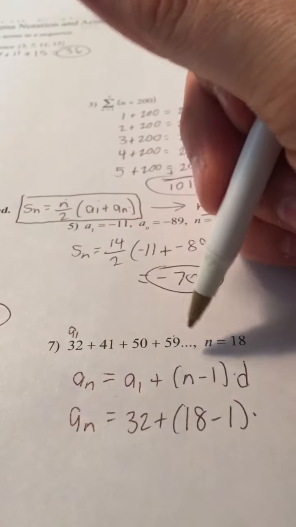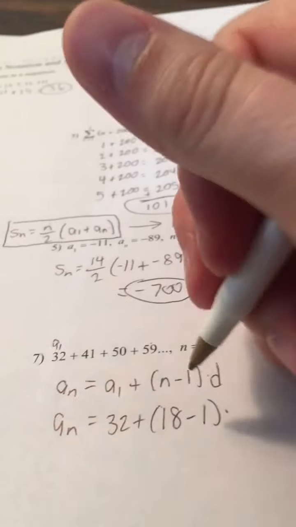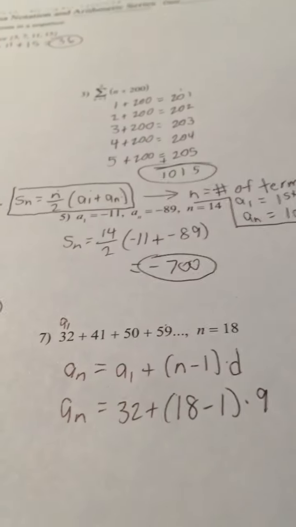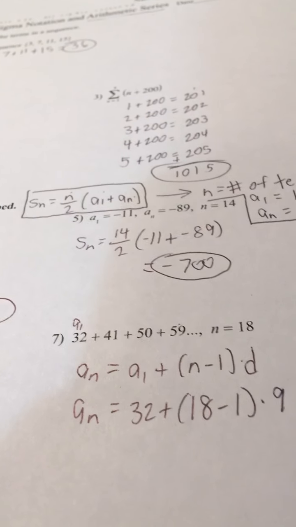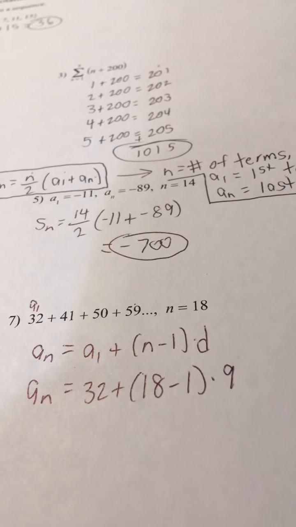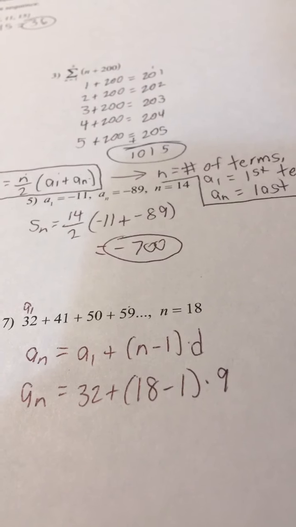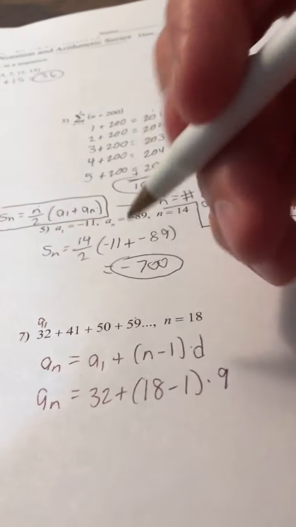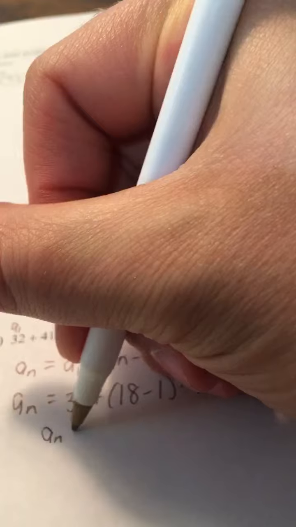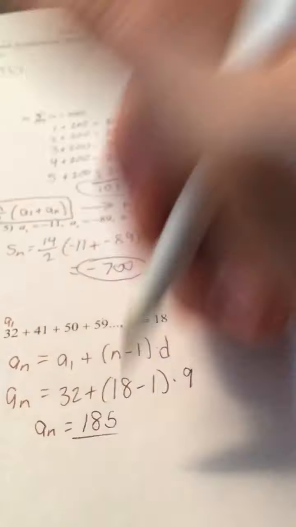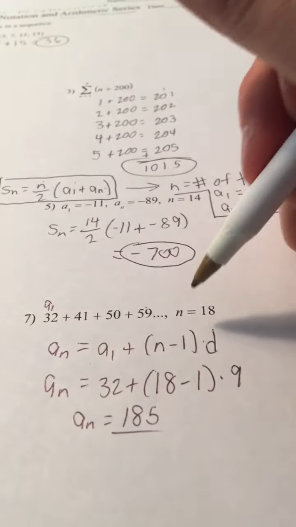What's the common difference this time? It's 9. It's adding 9. All right, so work that out. 32 plus 17 times 9 is going to give me 185. So that's a of n. Again, that's not the answer. That's the last term in the list.